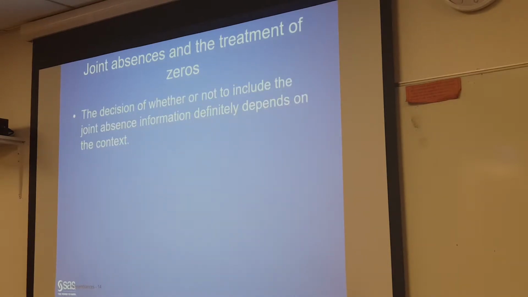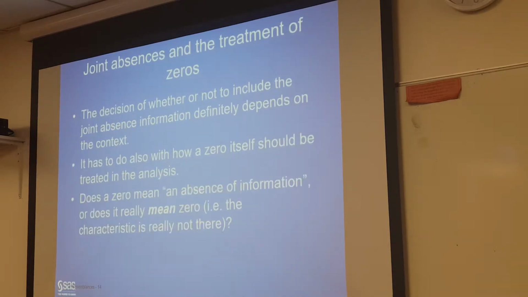So the decision of whether or not to include this joint absence information depends on the context, because sometimes it is going to be useful to us. Does the 0 mean an absence of information, or does it really mean 0, the characteristic is really not there? If it's the latter, then maybe we actually have some useful information in those joint zeros.